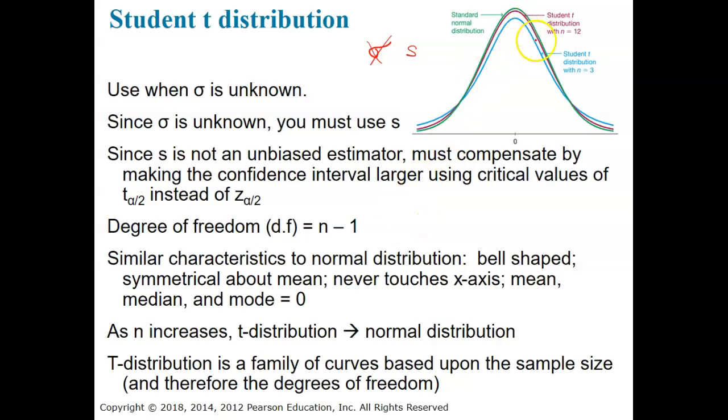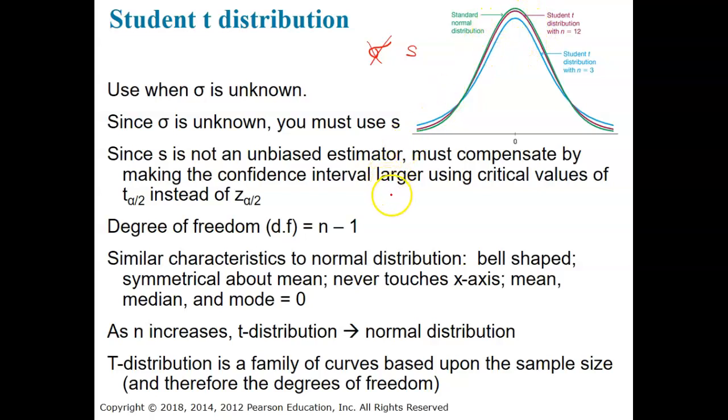So you can see here that we have the normal distribution in green, and then for each one of the degrees of freedom, which is n minus 1, you get a slightly different curve. So the larger n gets, the closer the graph is getting to that standard normal distribution. As n gets very large, the T distribution becomes essentially the normal distribution.